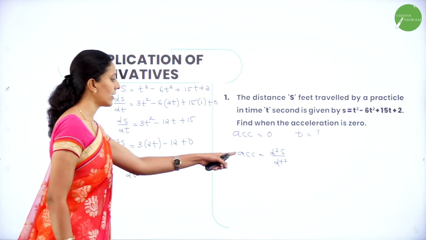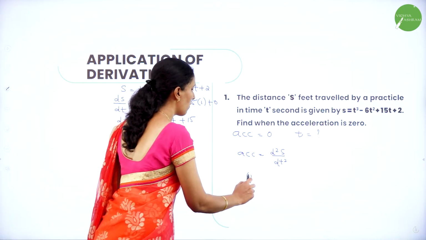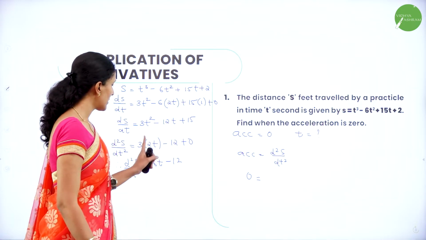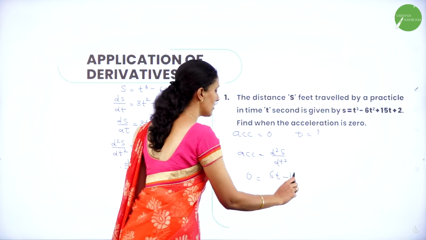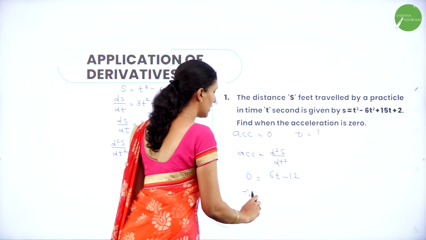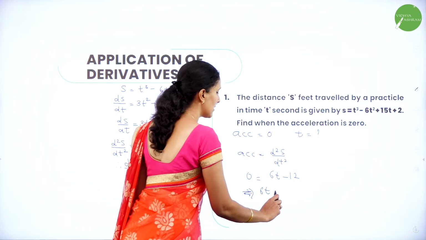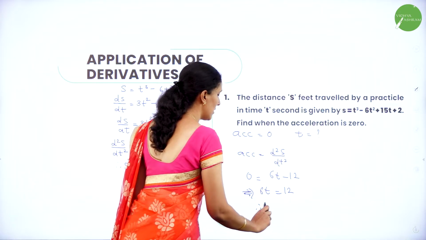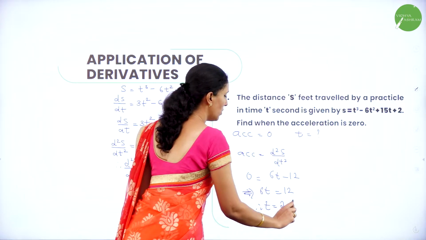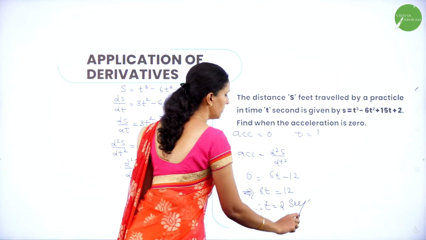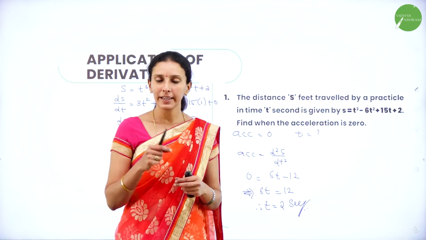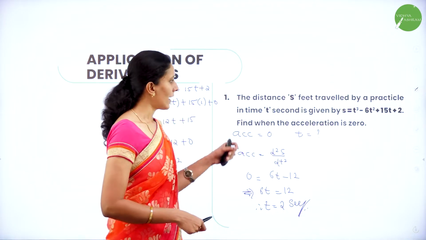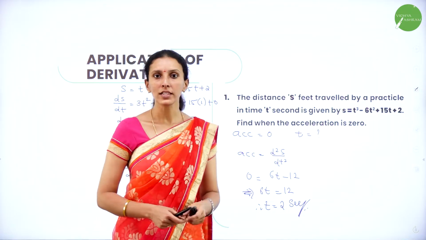So let's take the given acceleration equal to 0. d square s by dt square is 6t minus 12. So this implies 6t = 12. Hence, t = 2 seconds. So at time t = 2 seconds, the acceleration of the particle was 0.